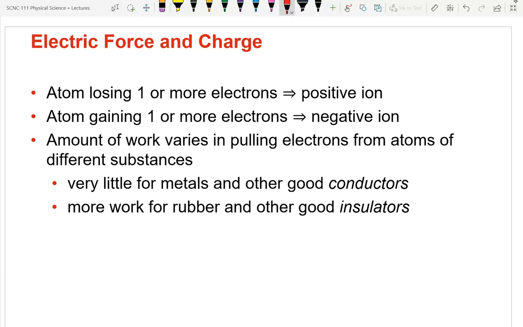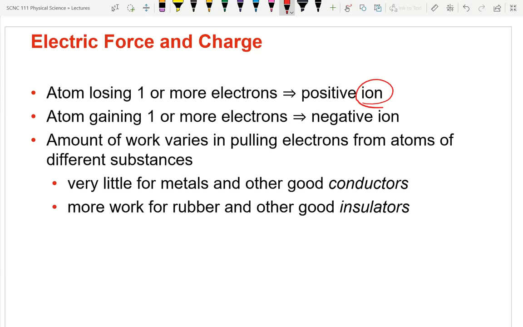Just another term here, ion. Ion is a term that's used for an atom or a molecule that is not neutral, that has either more electrons or more protons. If it has more protons than electrons, then it has a net positive charge. It's called a positive ion. And we'll usually put a +1 or +2 to say it has one more proton than electron or two more protons than electrons.